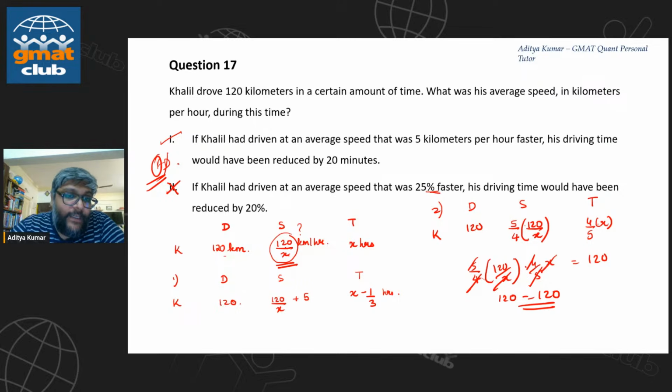Very tricky topic, tricky to learn, tricky to teach as well, because the focus always has to be on reading, processing, organizing, decision making. And then comes the algebra towards the end, right? So it becomes a little difficult for test takers because they don't focus on the reading and the processing and organizing of the information. So I hope the session today helps you focus on how to organize data, helps you visualize things better, and also gives you multiple approaches of working with the speed, distance, time question.